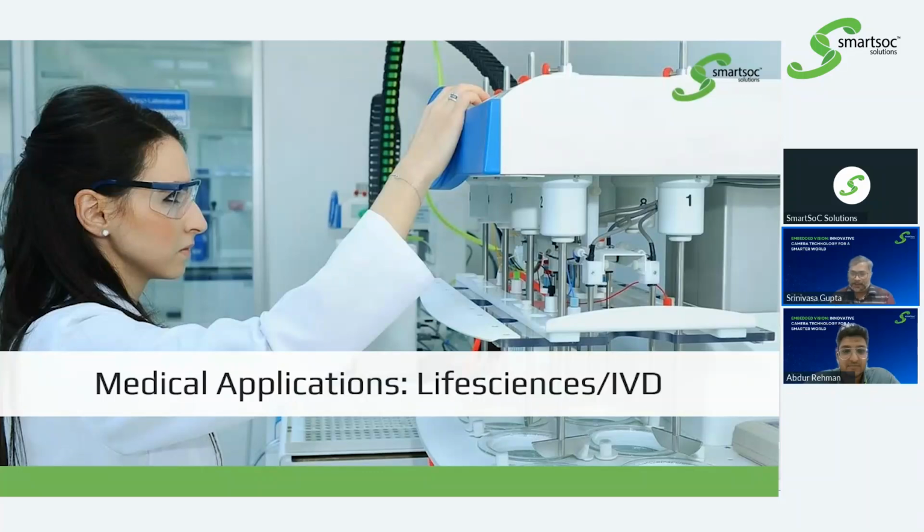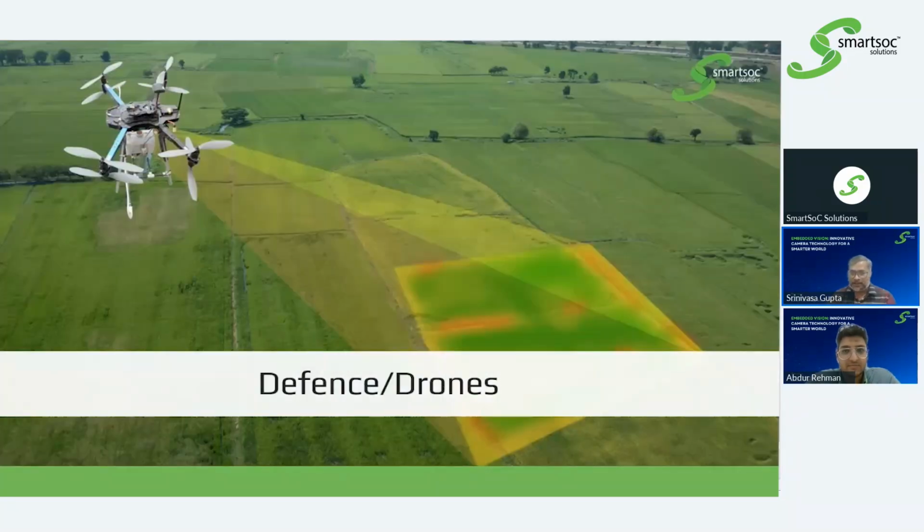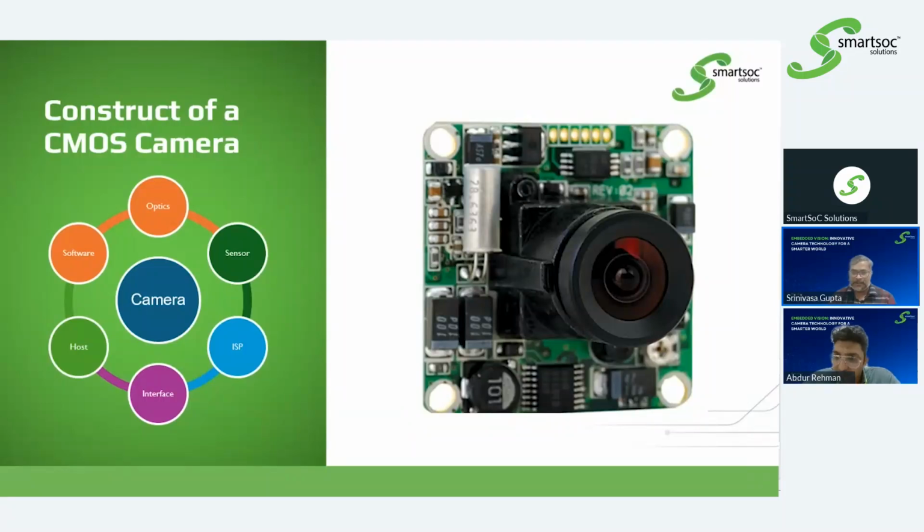After that, you will have an ISP, an image signal processor. Then there is another processor in between. We will have an interface, and a software part and other things that will complete it. Yeah, this is the slide we are discussing.